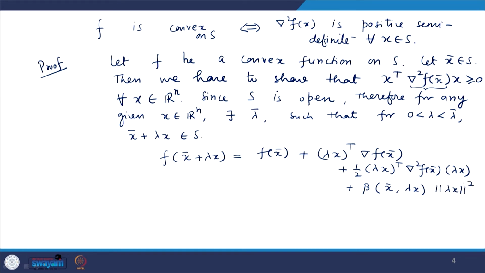So, this we have already discussed in the last lecture, that what do we mean by twice differentiability of f at x bar. It is some x 1, it is x 2.